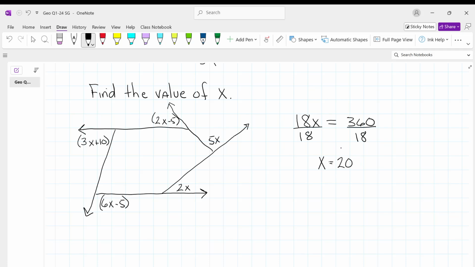If all of these vertices were labeled and you had to find each of these angle measures, well, then you would just substitute the 20 into the expression for each angle measure to determine the angle itself. All right, so the sum of the exterior angles of any polygon is 360. Any questions on what we covered today?